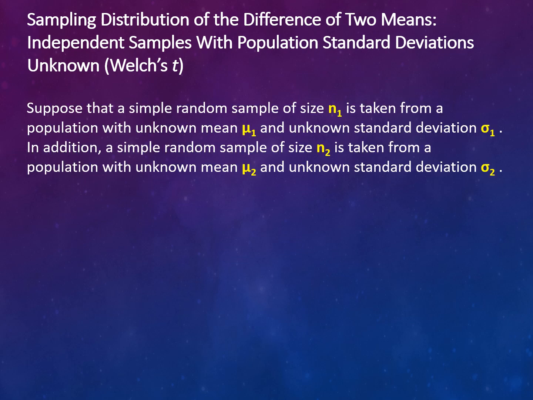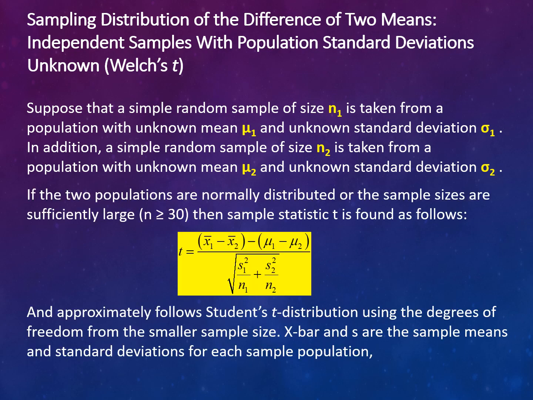Suppose that a simple random sample of size n1 is taken from a population with an unknown mean, mu sub 1, and an unknown standard deviation, sigma sub 1. In addition, a simple random sample of size n2 is taken from a population with an unknown mean, mu 2, and an unknown standard deviation, sigma 2.